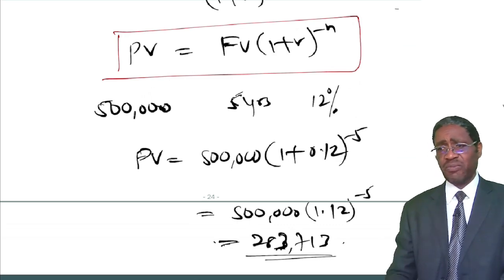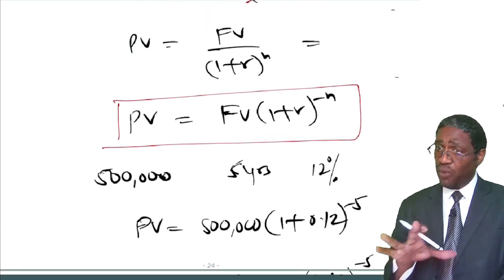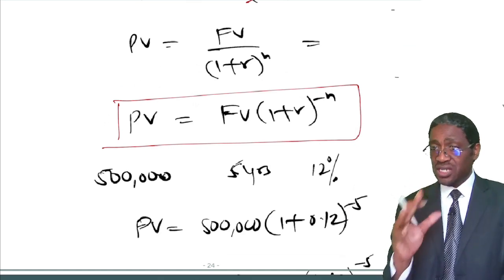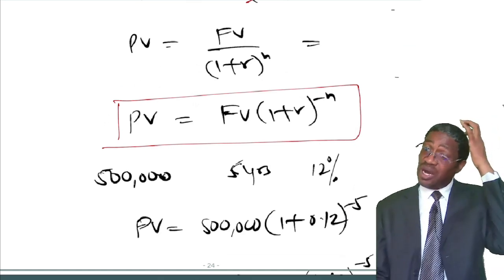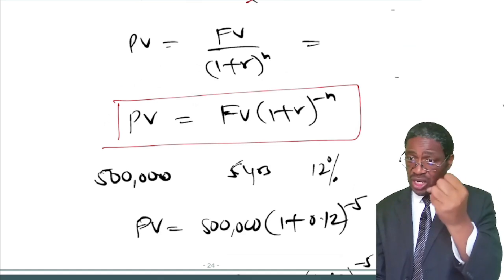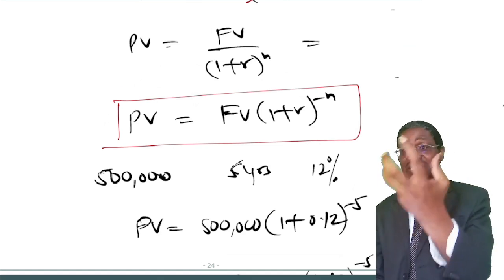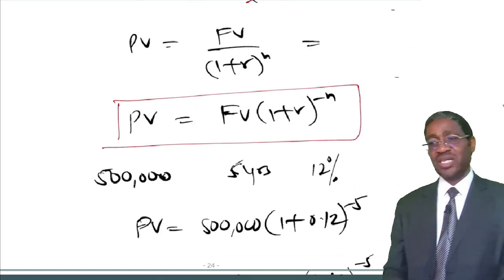So that is the formula for discounting a future amount and getting the present value.